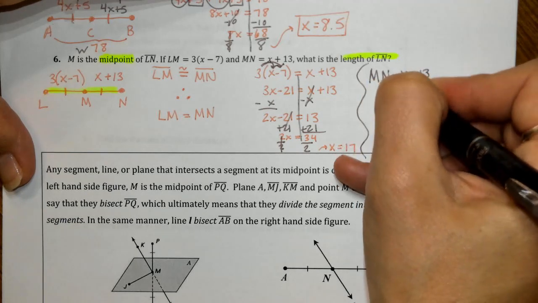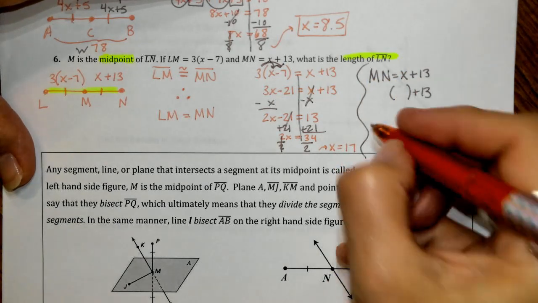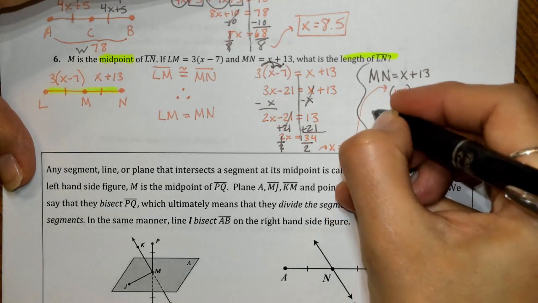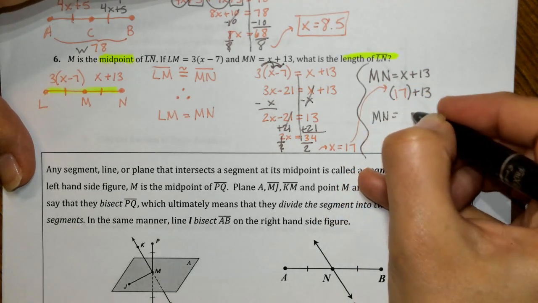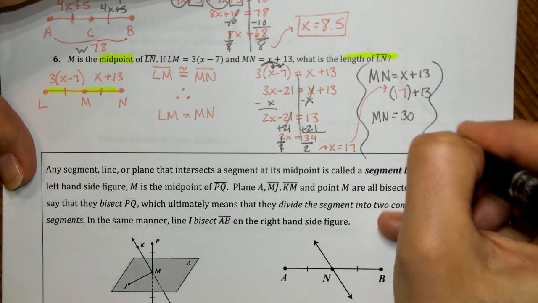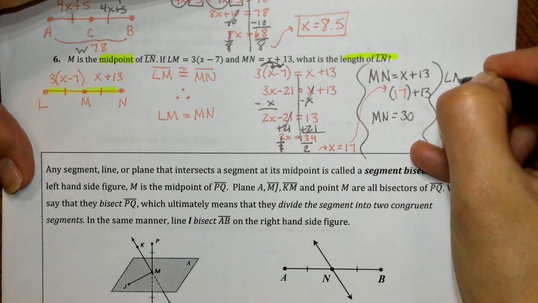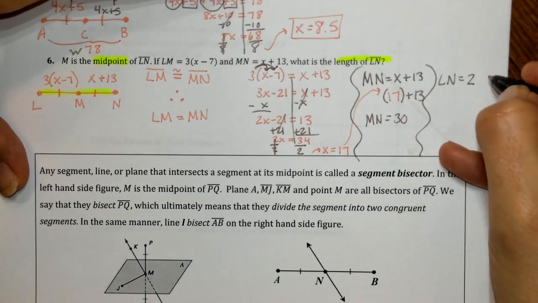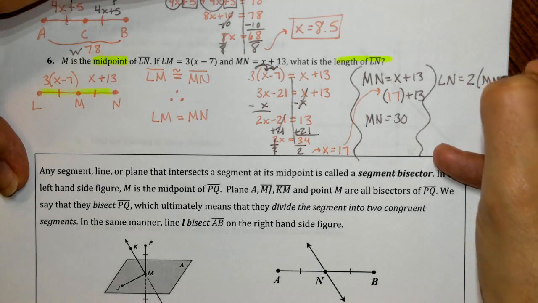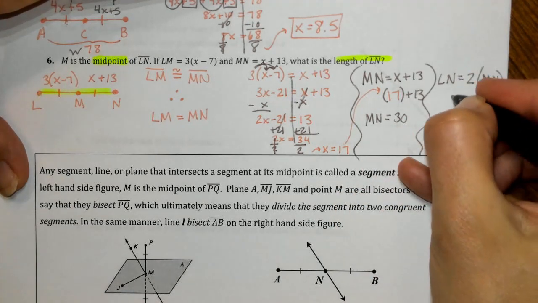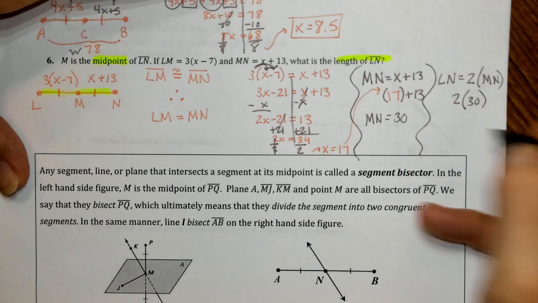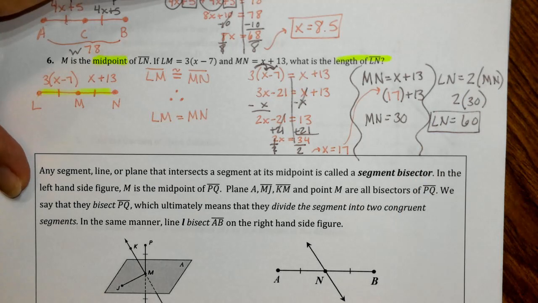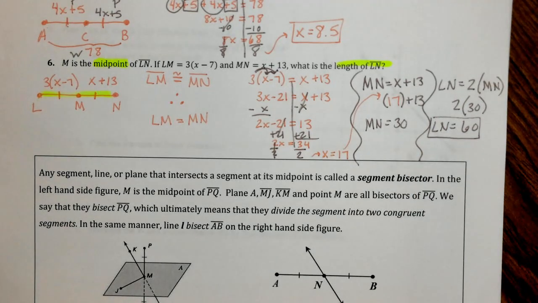We're going to remove x and substitute in what x is, giving us MN equal to 30. Now for LN, the entire length, all we have to do is take 2 times MN. Just double what we have here, guys. So we take 2 times that 30, and LN will equal 60. So there are different ways that you'll see this.